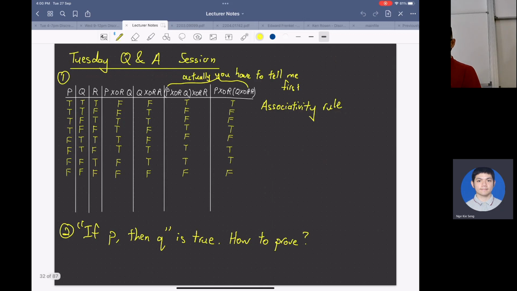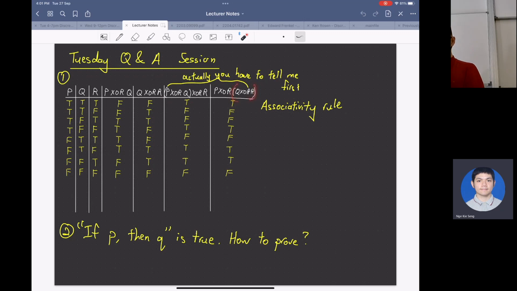Before the Q&A section, I want to clarify something from last week. Last week a student asked about P XOR Q XOR R. Typically, you should first tell people which to do first, either P XOR Q first or Q XOR R first.